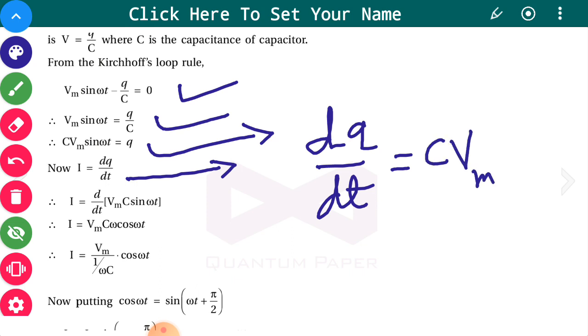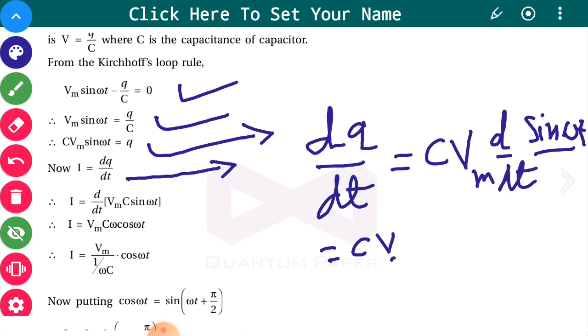Then we have to take the differentiation of sin omega t. The differentiation of sin omega t is nothing but cos omega t, and omega is to be multiplied, so this becomes C Vm omega cos omega t. So you are getting Vm C omega into cos omega t.